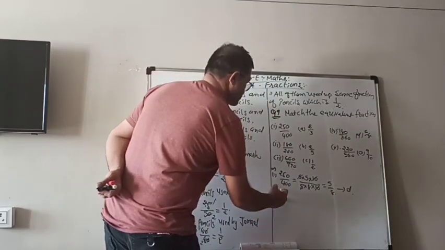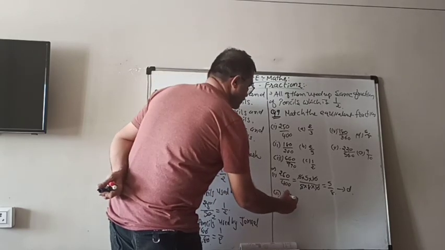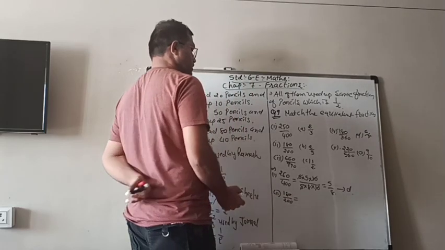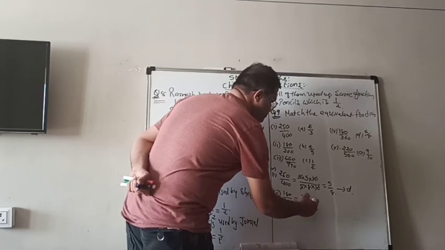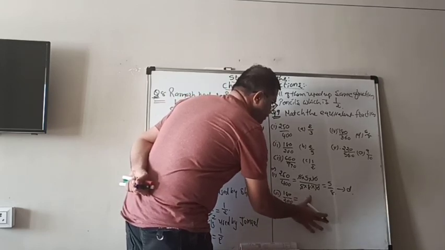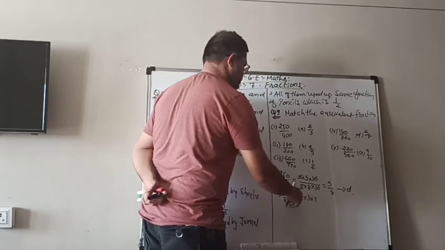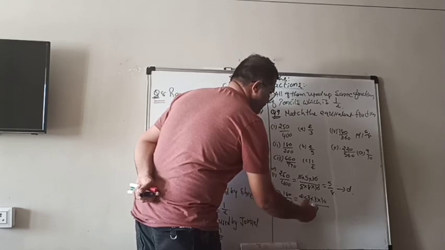Second, 180 upon 200. So now 180 upon 200 means 18 is 2 multiplied by 3 multiplied by 3 multiplied by 10 upon 200.